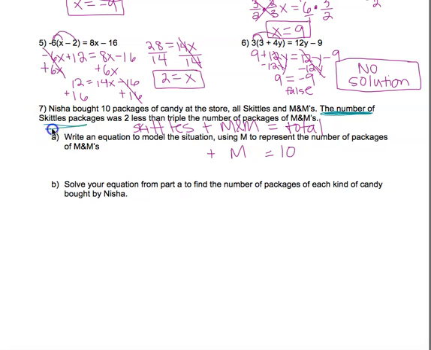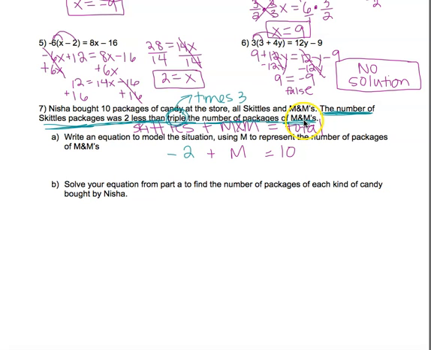So what we have right here tells me how to write the number of Skittles in terms of M. It says the number of Skittles was 2 less, so that means I'm going to be subtracting 2, then triple. Triple means times 3. Triple the number of packages of M&Ms.